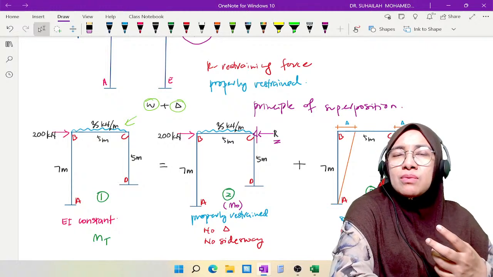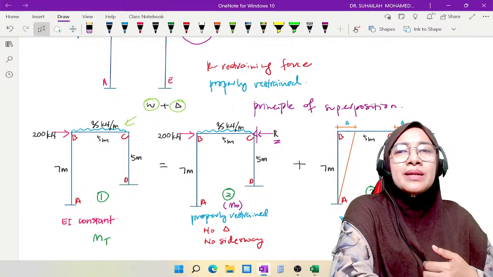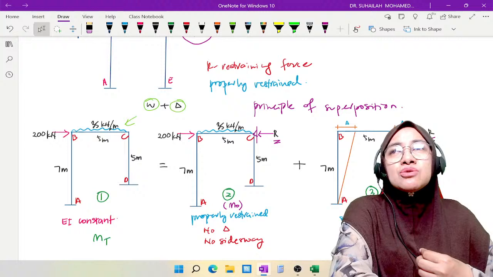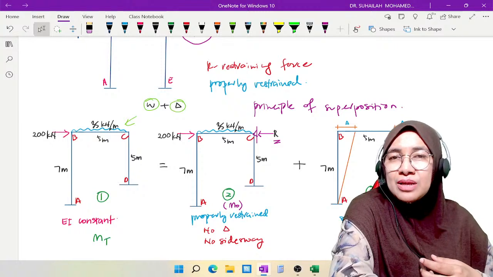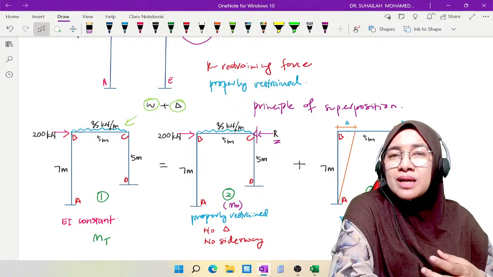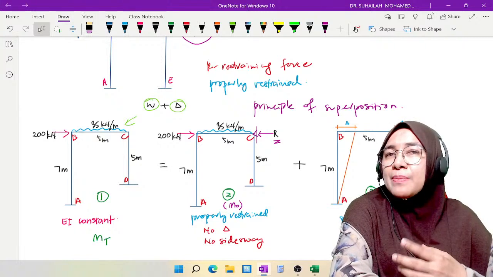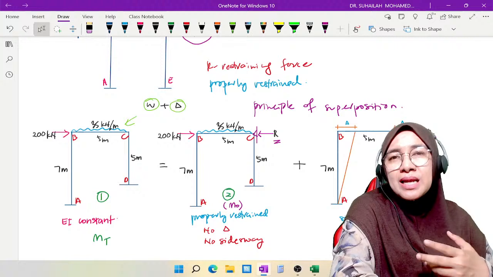Then from table number 1, we use static equilibrium to calculate the R value, and table number 2 is the side sway analysis.